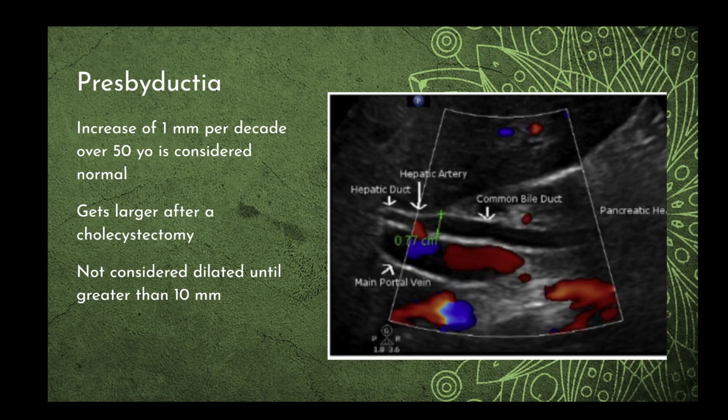So it depends on their age, it depends on their gallbladder status, and it depends on their symptoms and what we can see. If we're starting to see dilation of the intrahepatic ducts, like that picture I showed you a couple back, then we're going to start to wonder, is something blocking, causing everything to backflow into the liver?